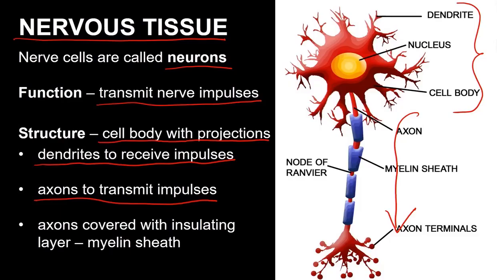Well, exactly the same thing happens here in the neuron, because these things here in the neuron, that is an insulating layer called the myelin sheath. And what that does is it makes sure that the nerve impulse flows in the correct direction to the correct junction to the part of the body that it needs to go to.